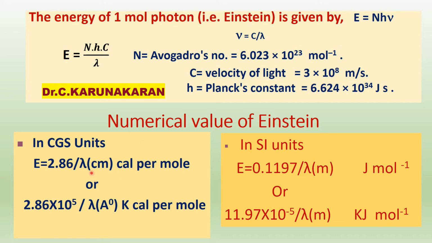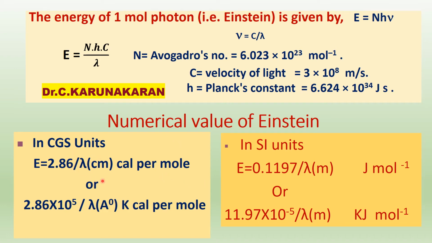So if lambda is given in centimeters, what is the energy of 1 mole of photons of radiation of wavelength, for example, 1 centimeter or 10 power minus 7 centimeter?